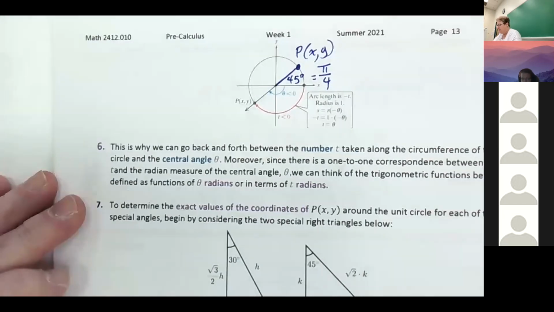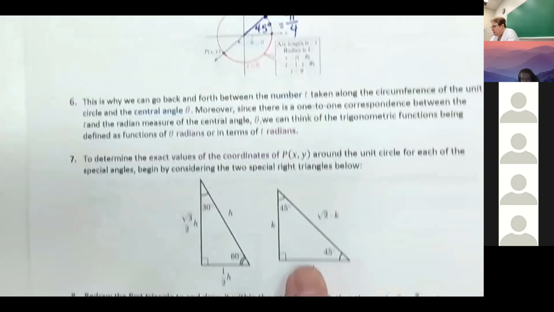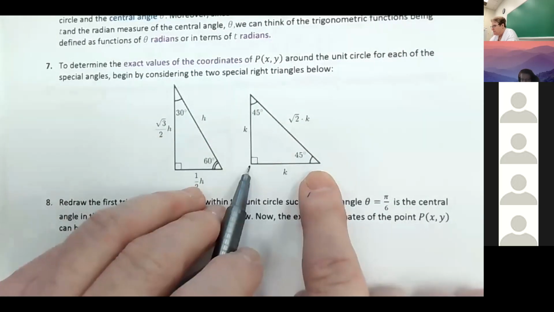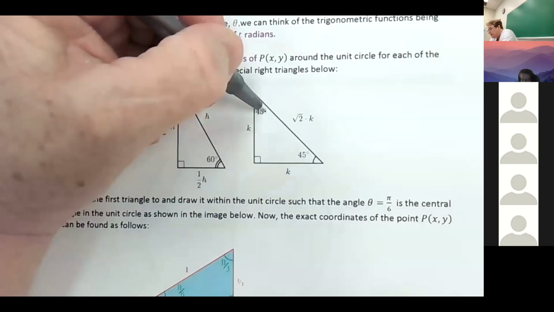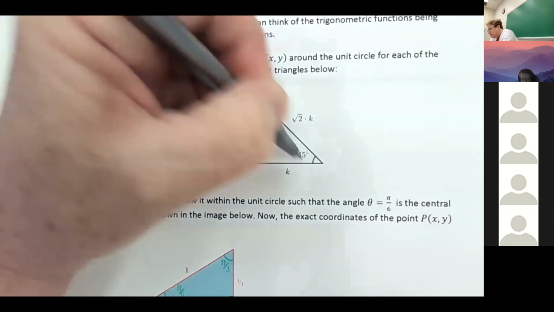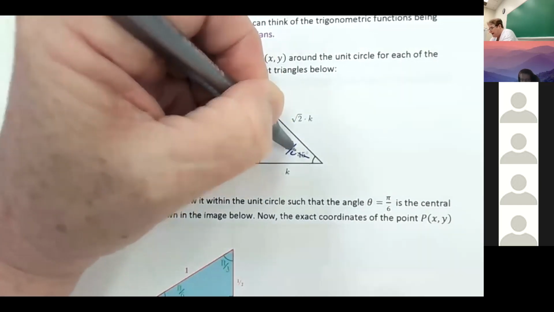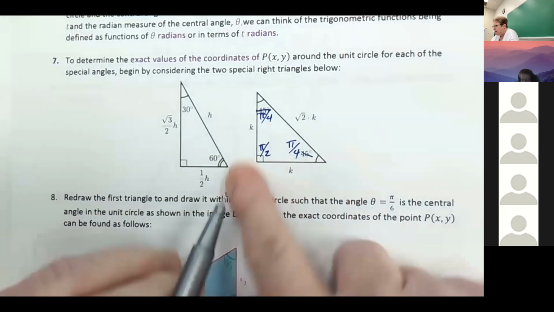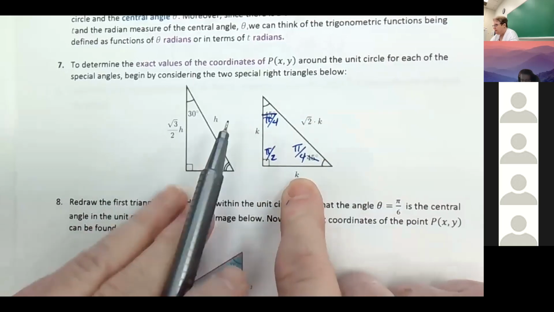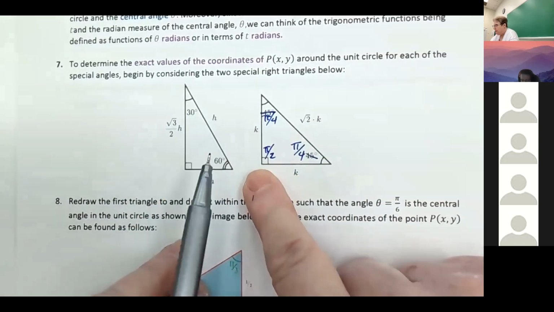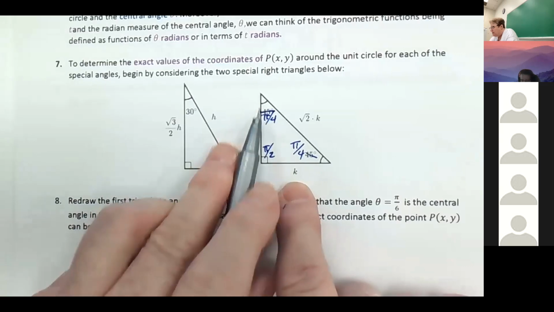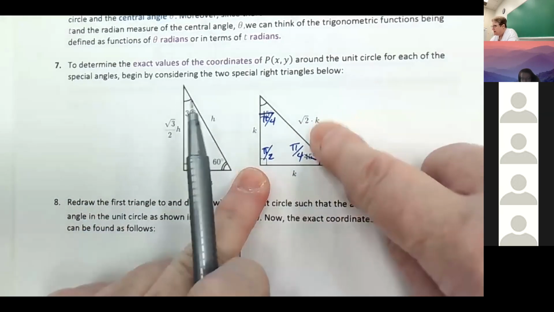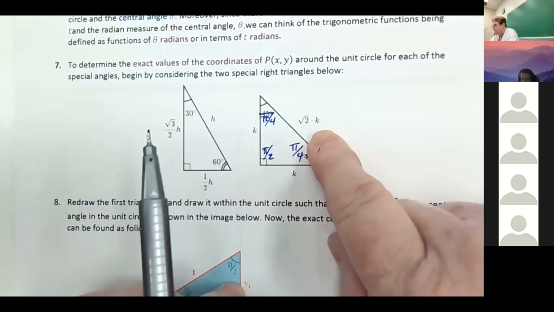So we're going to look at this triangle, which is a 45, 45, 90 triangle. And we're going to think of it as pi over 4, pi over 4, 90, or pi over 2. And the relationship of every single 45, 45, 90 triangle is that however long the sides are, the hypotenuse is going to be square root of 2 times that.